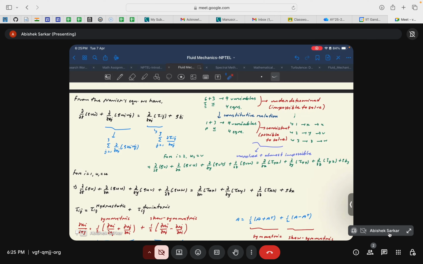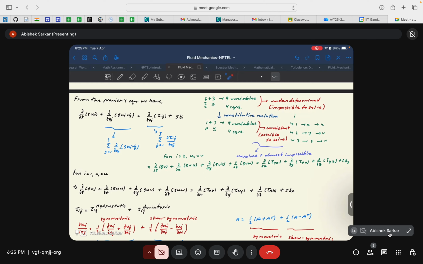Now these stress components are directly related to the velocity components, so the number of variables is reduced. We only have 3 velocity components, and what's remaining is the pressure. Pressure still needs to be determined, so it is treated independently from the velocity field. So now you have one pressure, which is a scalar field, and 3 velocity components.